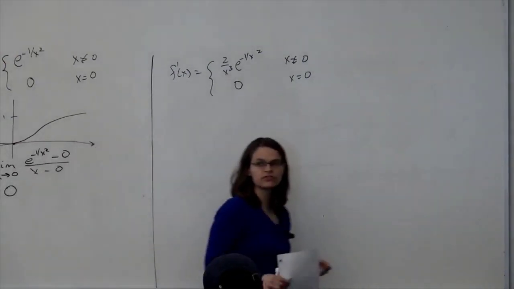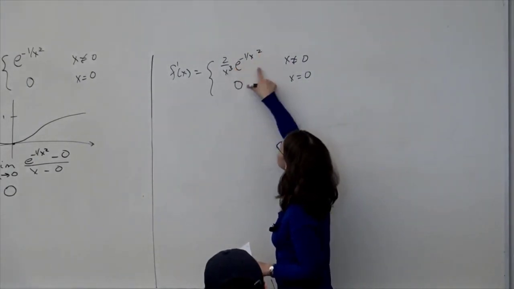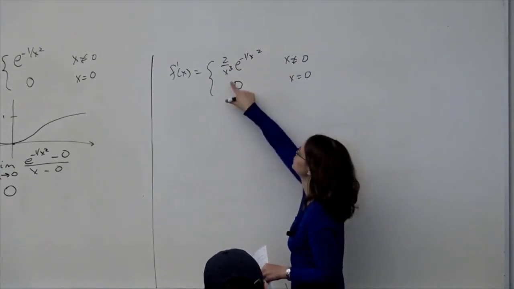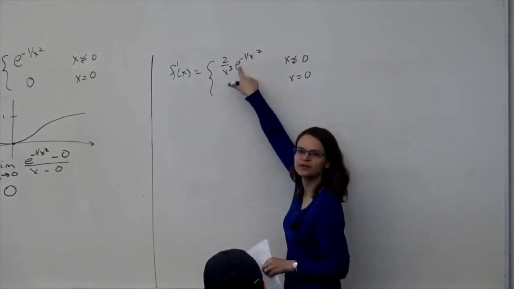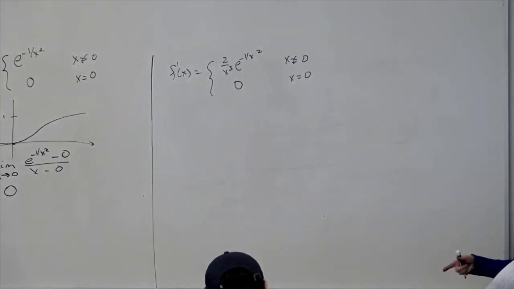Once again, this is continuous. This guy goes to 0, and the exponential goes to 0 a lot faster than the polynomial in the denominator does. So this is still continuous, it's still differentiable, and you can keep taking derivatives.